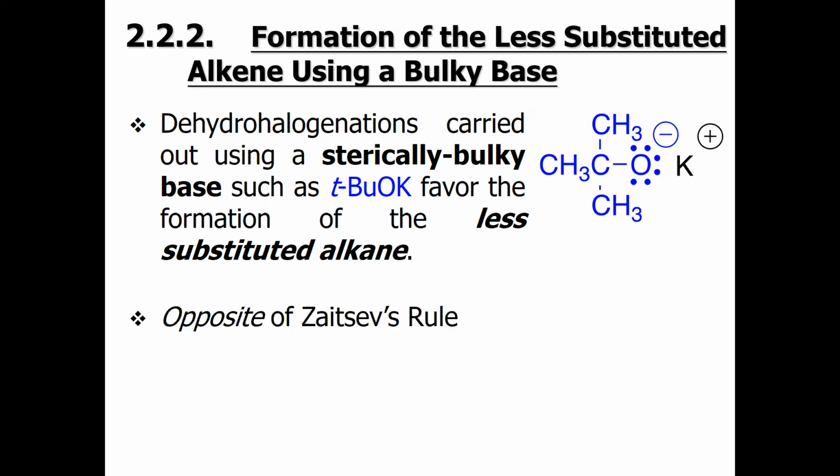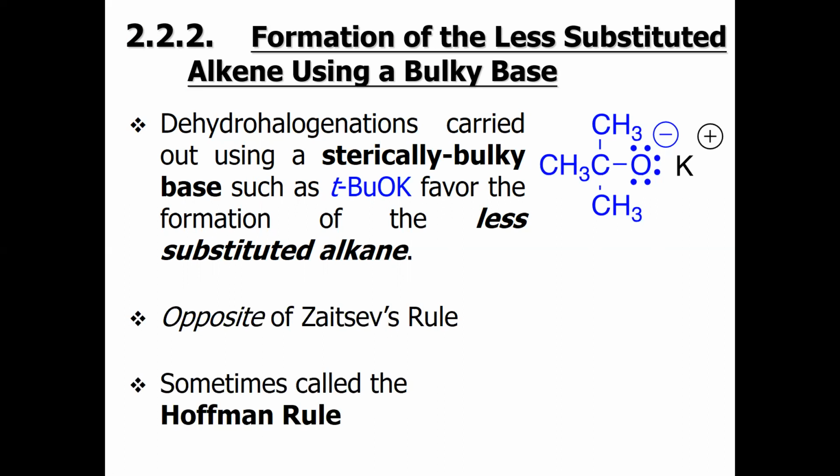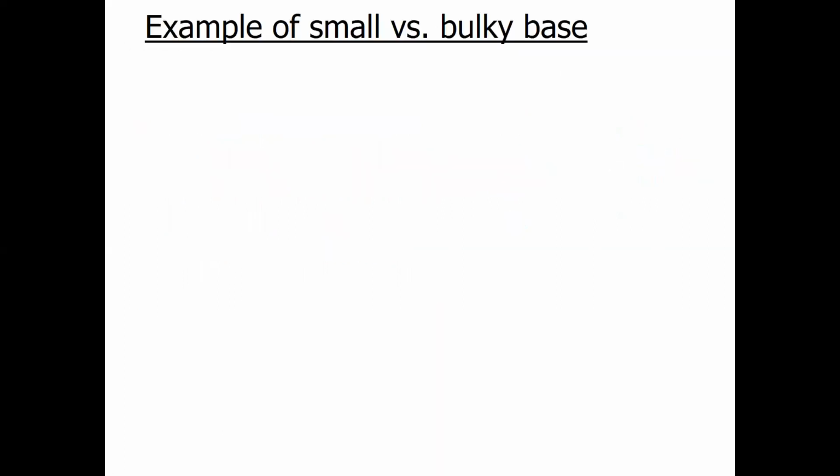This is basically the opposite of the Zaitsev rule. Once you use an alkyl halide with this base, you will have the anti-Zaitsev product, and this is known as the Hofmann rule. The product formed is also known as the Hofmann product.